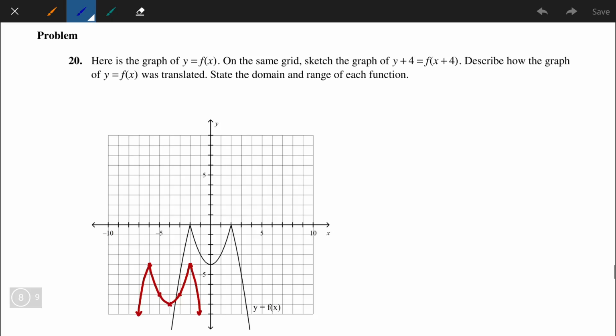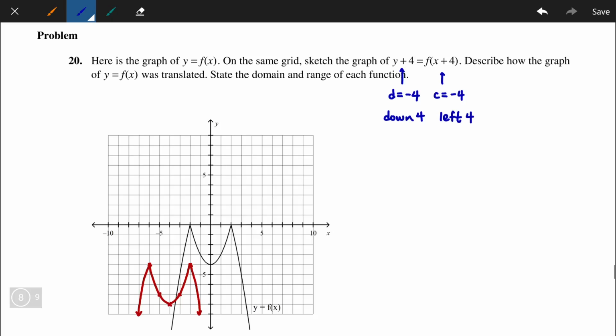So the 2 transformations, one was due to d equals -4, and the other one was due to c being -4. So the transformations were down 4 spaces and also left 4 spaces, which is what the graph in red was about.